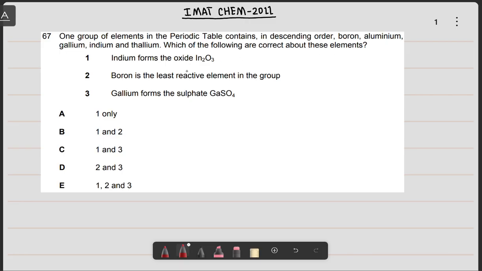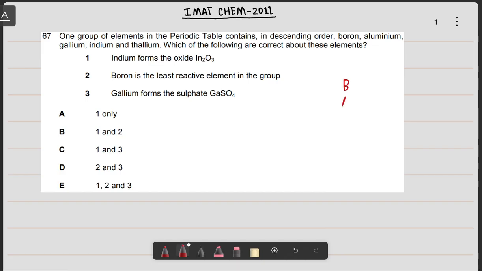So before we move to these three statements, we have to understand the first question. It has given us a list of five elements, and since they said in descending order, in the periodic table it will look like this.